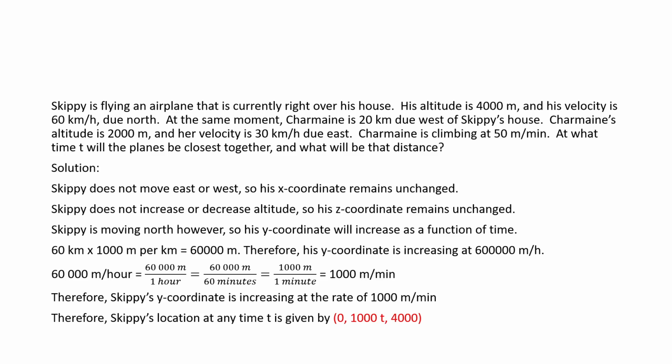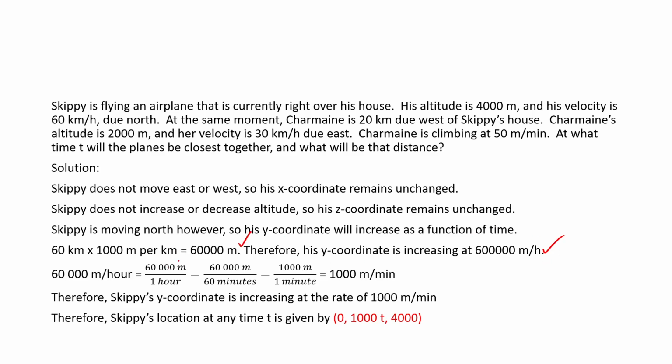Now, we have 60 kilometers per hour. 60 kilometers times 1,000 meters per kilometer is 60,000 meters. So instead of saying 60 kilometers per hour, we'll initially think of that as 60,000 meters per hour.